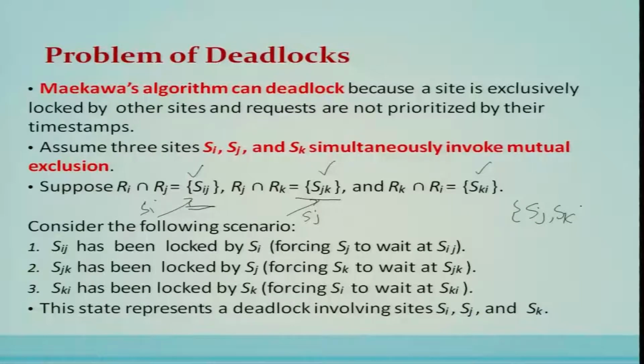Now the third one, Ski, has been locked by Sk, forcing Si to wait at Ski. So there will be a set of waiting processes which are waiting for each other to unblock. This state represents a deadlock consisting of 3 sites Si, Sj and Sk.